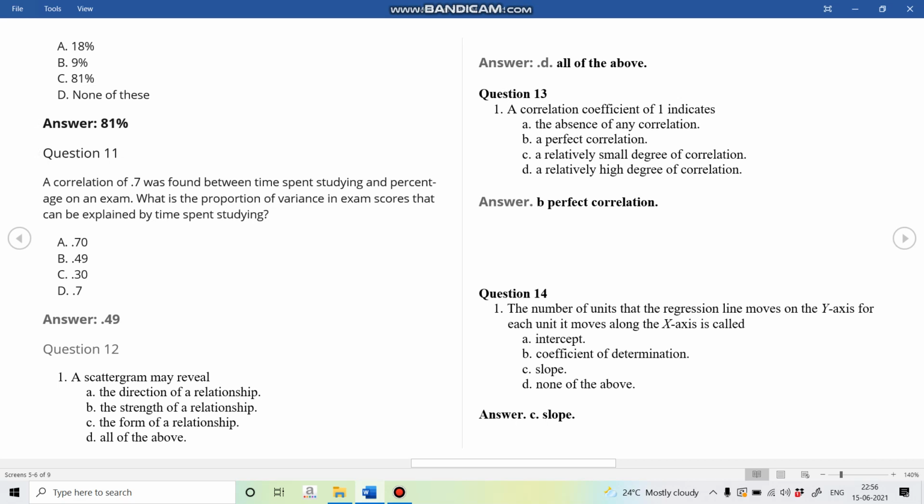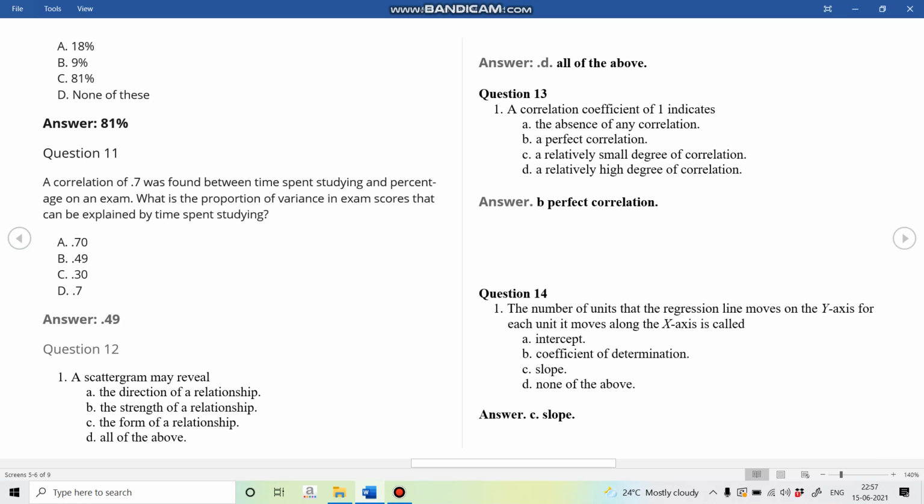Question number 11. A correlation of 7 was found between the time spent studying and the percentage of an exam. What is the proportion of variance in exam score that can be explained by the time spent studying? The answer is 49. Okay, 49, answer B.